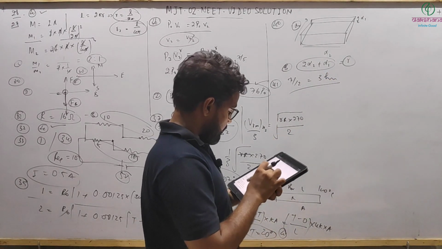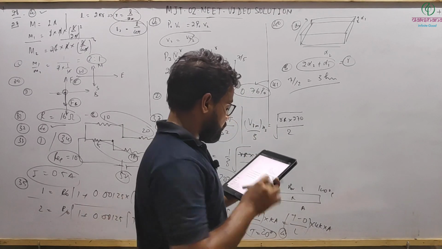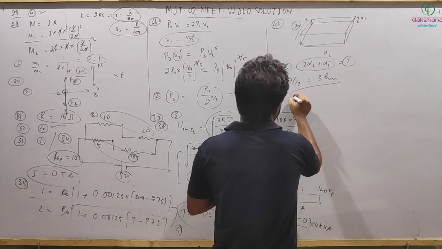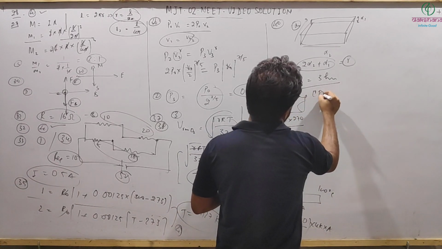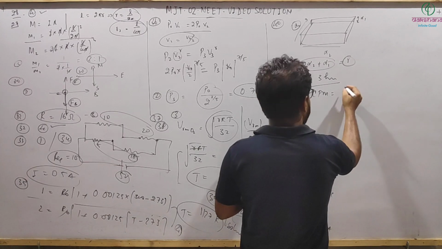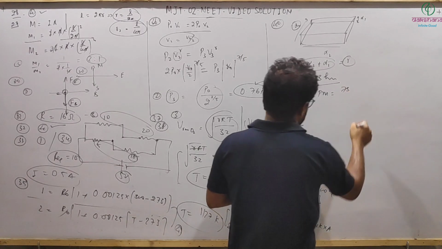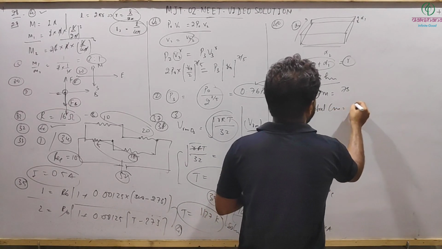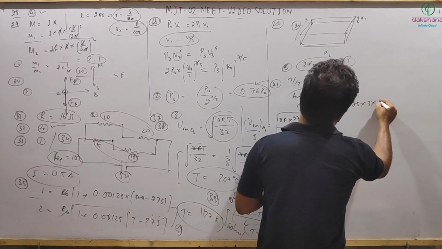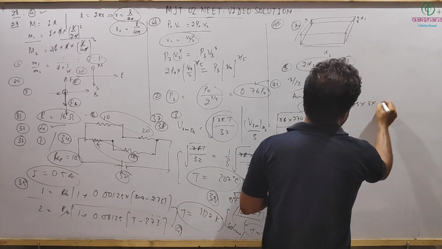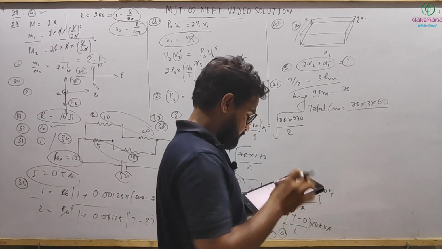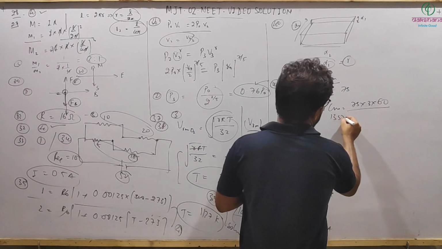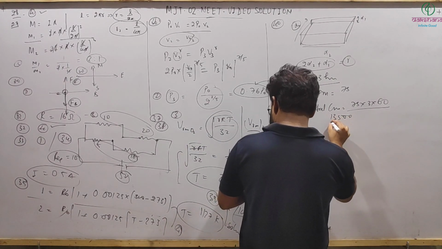Next, over these 3 hours, the average count per minute, CPM, is 175 counts per minute, and total 3 hours, so the total count will be equal to 175 multiplied by 3 multiplied by 60 counts. Multiplying, that comes out to be roughly 13,500.